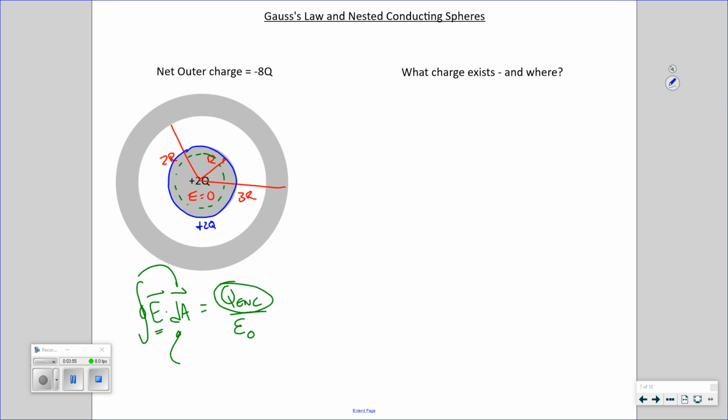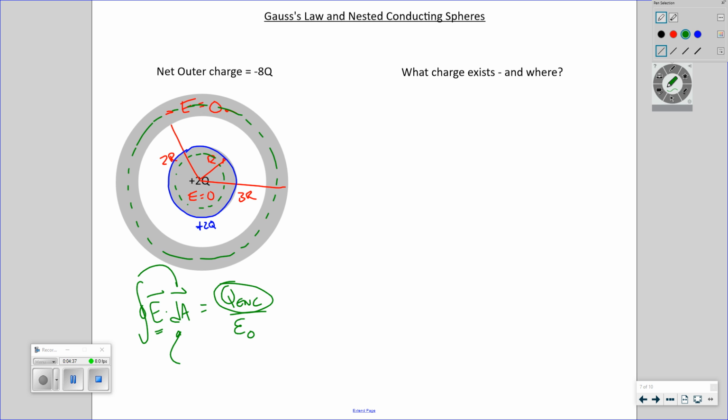Now, the outer spherical shell. Remember, the field inside that conductor, E in here, is 0, because this outer shell is in electrostatic equilibrium. Charges have moved, and they stop moving because they're not being pushed anymore, because there's no field in there. So what if I look at this Gaussian surface?